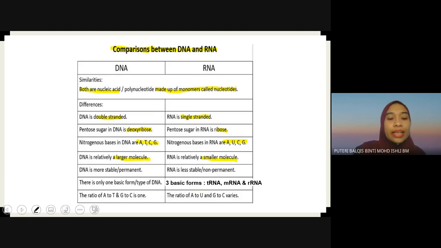DNA is more stable or permanent, while RNA is less stable. There is one type of DNA, while RNA has three types or forms, which are tRNA, mRNA, rRNA. The ratio of A to T and G to C is 1. The ratio of A to U and G to C varies.